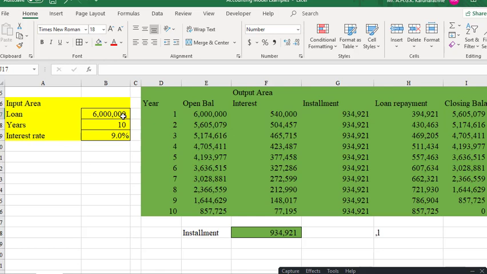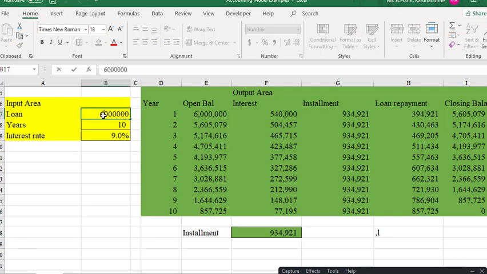Let's say I develop this model, save this Excel model, and give it to my bank's frontline officer.